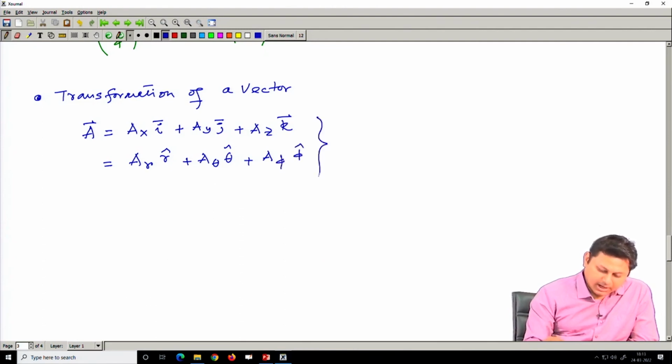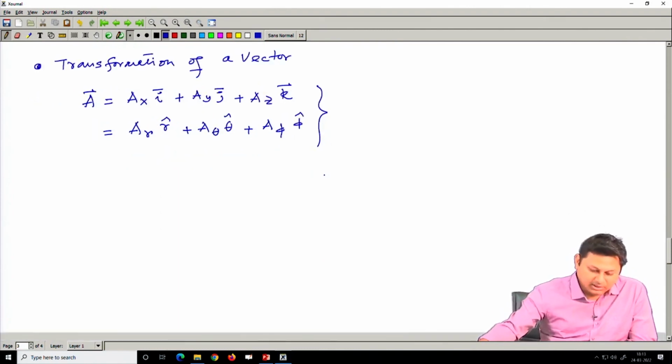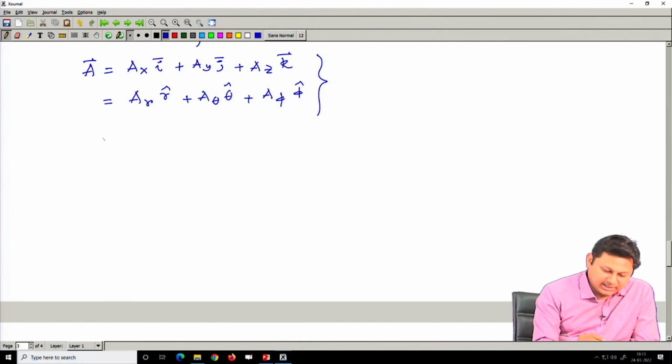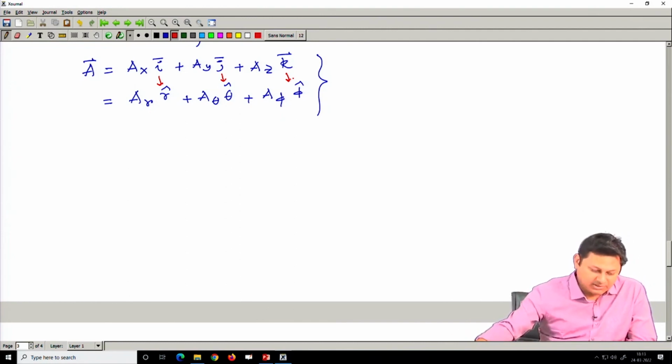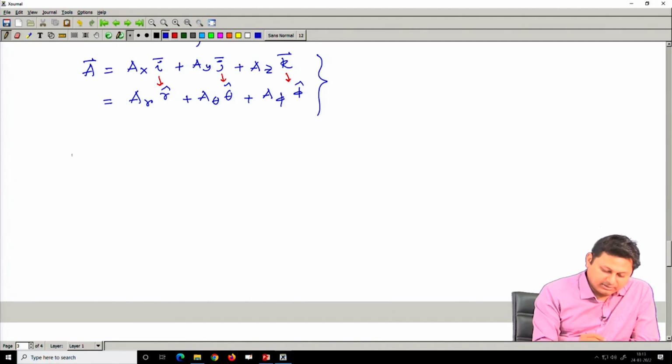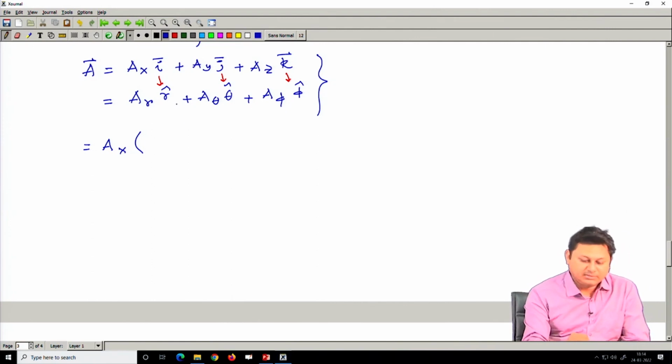Okay, and the process is similar, so I am not going to do the detailed calculation. Because you now know the relationship between i, j, k and how these are transformed, that information I am going to use here. In place of i, I simply write i decomposed in r theta phi.